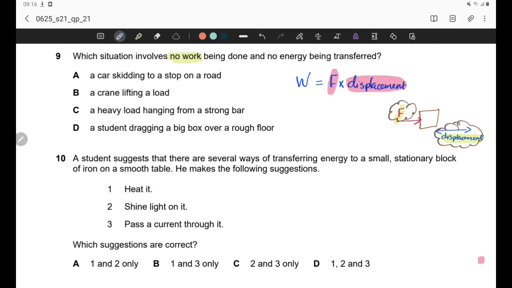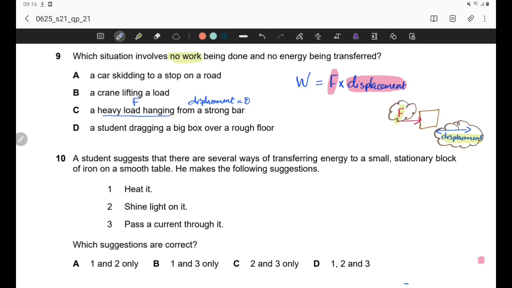Let's look at option C, a heavy load hanging from a strong bar. So a heavy load hanging. In order to hang a heavy load, definitely there must be a force acting, but it's simply hanging. It's not moving. So it only satisfies the first condition. The displacement of this load is simply zero.